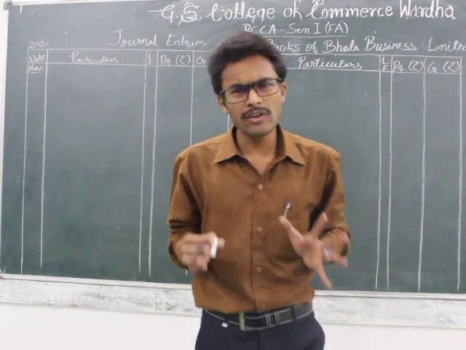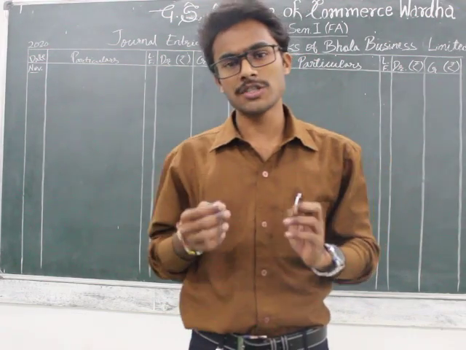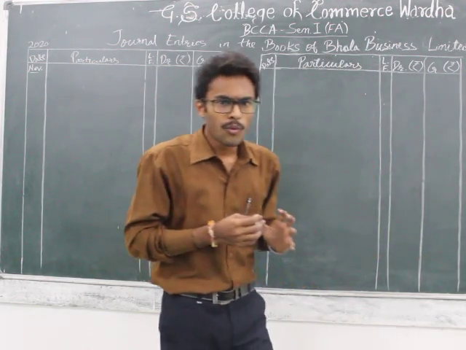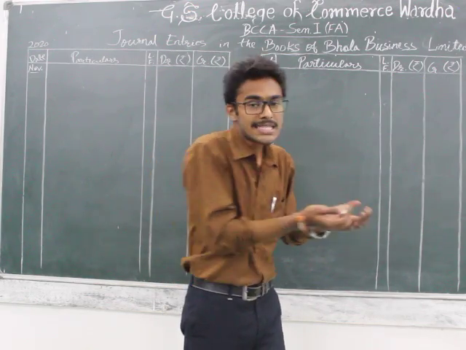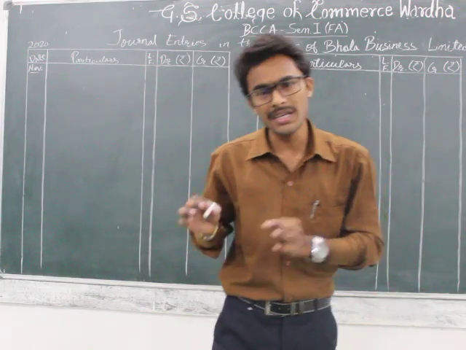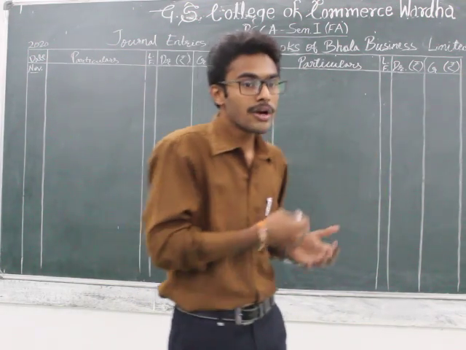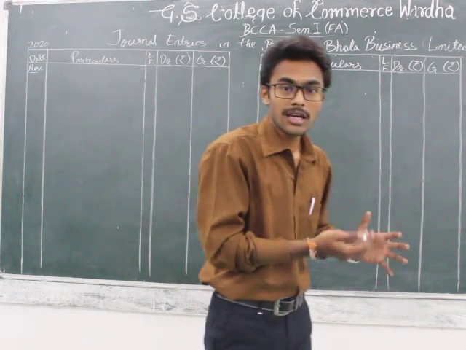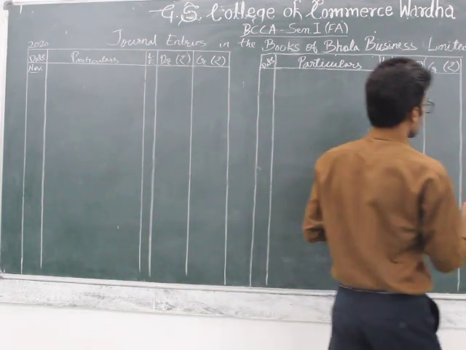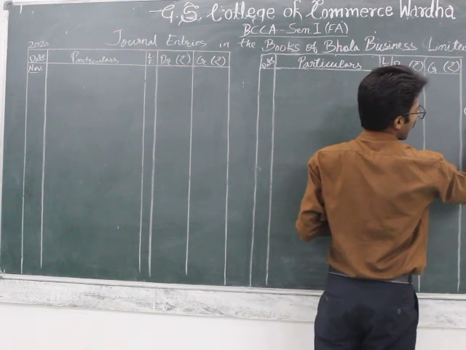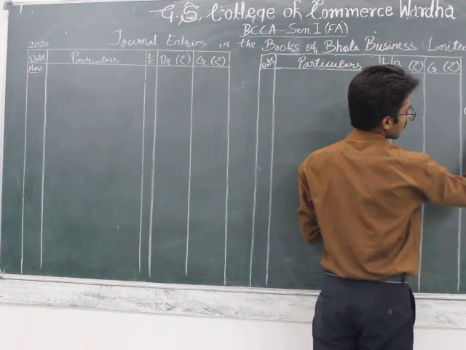So what will be the logic for the preparation of the journal entry? The business is getting money, because Bhola will provide rupees 10,000 to his business. So in the business, cash is coming in, and Bhola is giving.